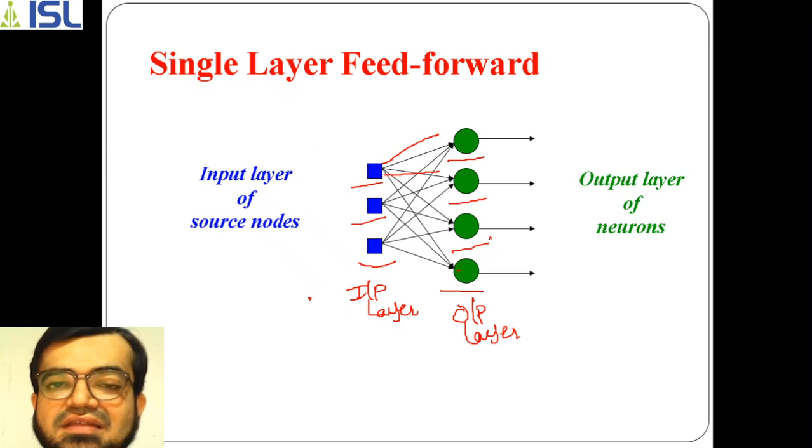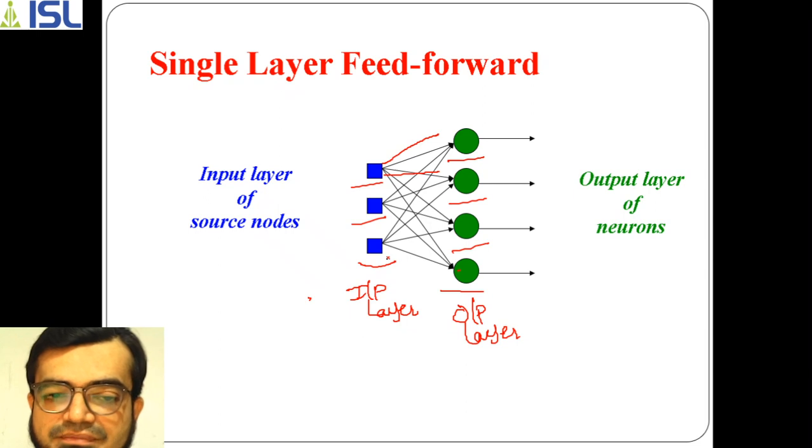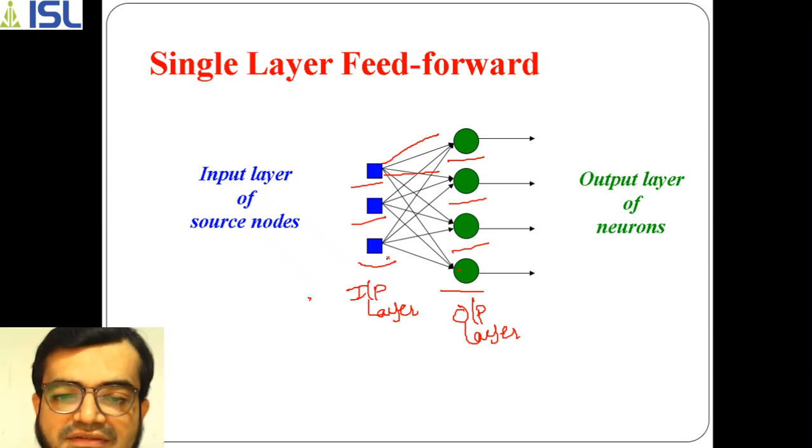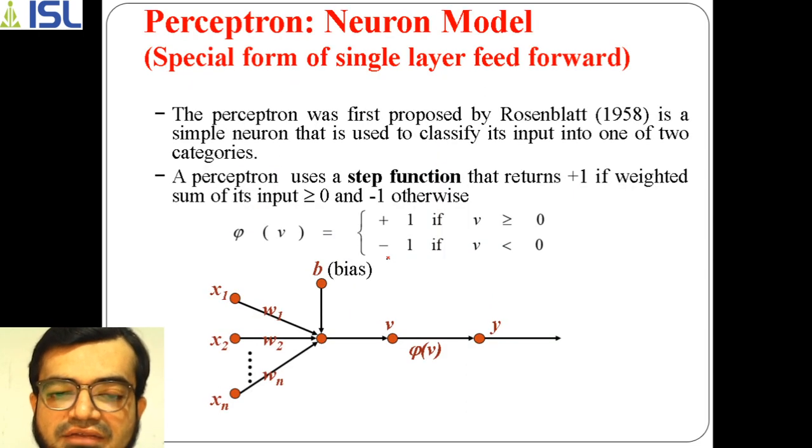So this is just a single layer in the sense it contains input and output. Apart from the input and output layer, it doesn't contain anything. That's why you can term this a single layer feed forward network. Okay, so this is very simple, the single layer feed forward network.